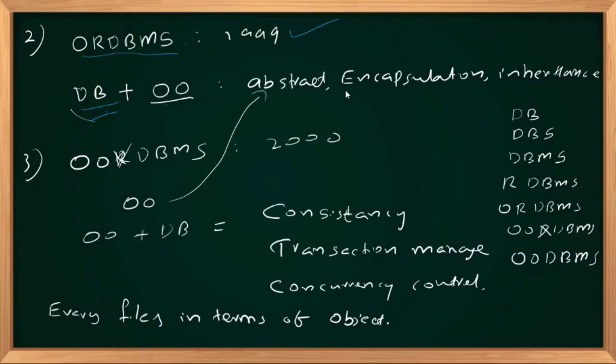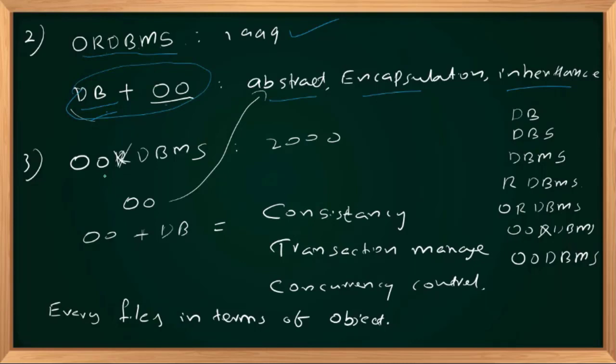The concepts of object-oriented programming are abstraction, encapsulation, inheritance, data hiding, class, and object. So database plus object-oriented is known as an object-oriented database.